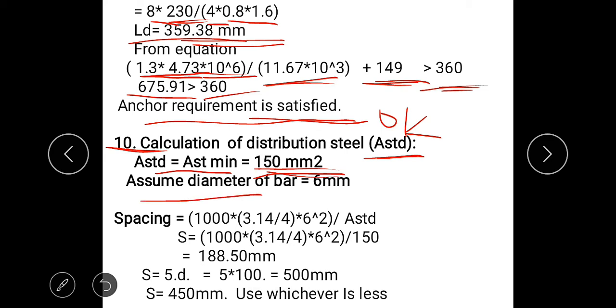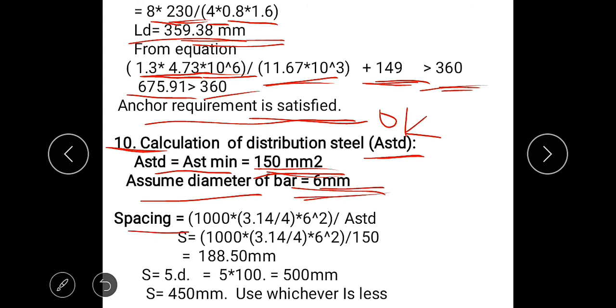Here we assume 6 mm because our main bar is 8 mm. This distribution bar diameter is smaller than the main bar. So here we assume 6 mm.